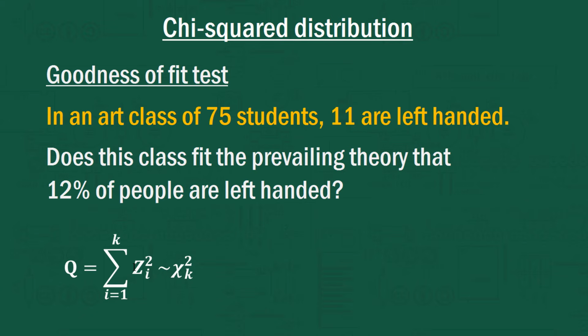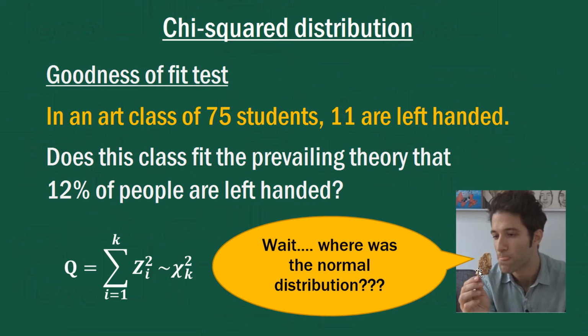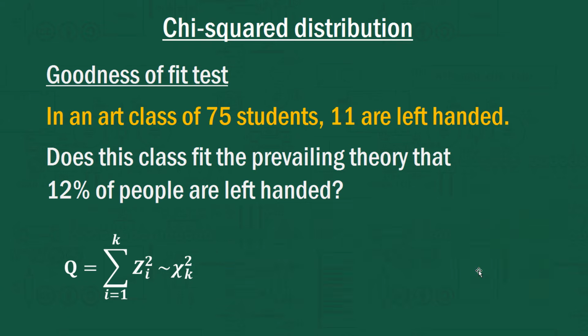So the chi-squared distribution comes from the normal distribution. So this leads me to ponder, and I do like a ponder, especially while I'm eating a Golden Gaytime. It makes me wonder, wait, where was the normal distribution in everything we just did? You're telling me that the chi-squared distribution comes from a normal distribution, but we didn't see any normal distributions, right?